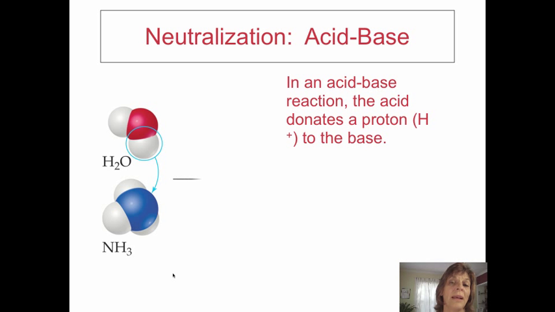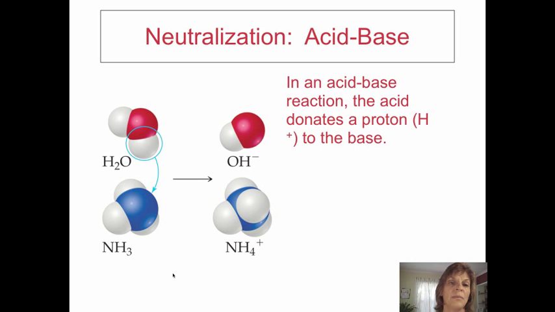Okay, so the metathesis reaction that uses acids and bases is called neutralization. So as I just showed you in that reaction, you've got a proton donor in the water and an acceptor in the ammonia. And that leaves behind ammonium ion and hydroxide ion.